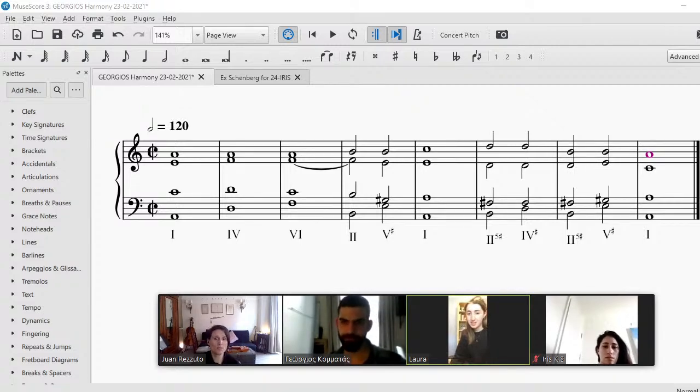Well, when you say empty, we can be more specific. For example, Iris, why can we not double the third? Let me see if we can elaborate on that. The third is the one that gives the kind of the chord.